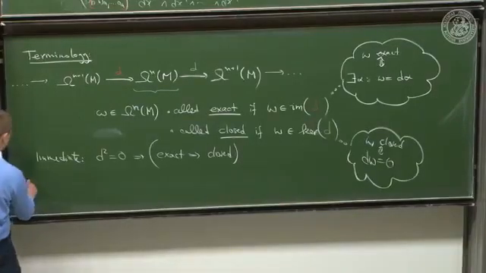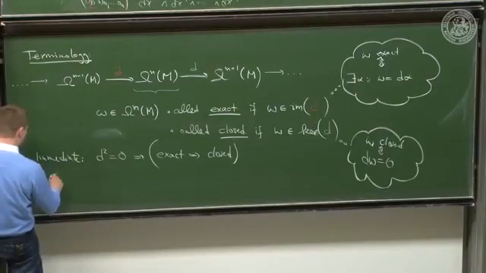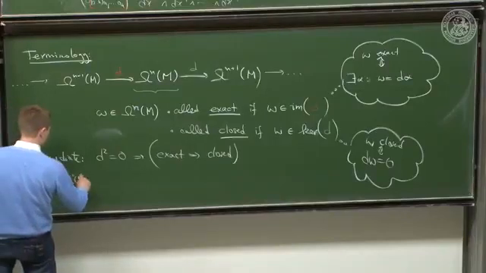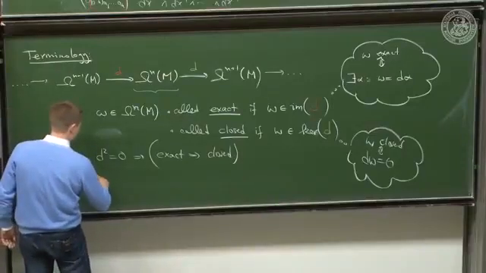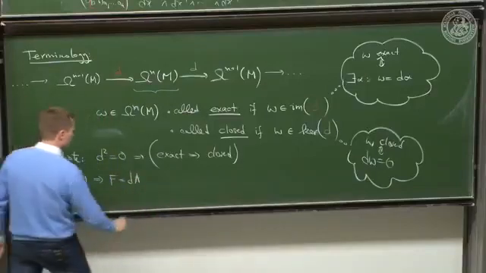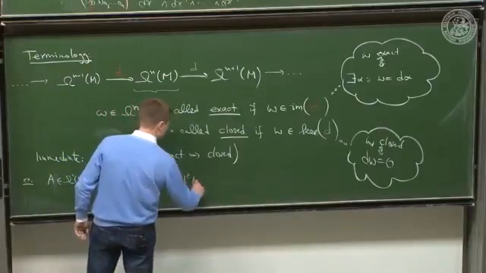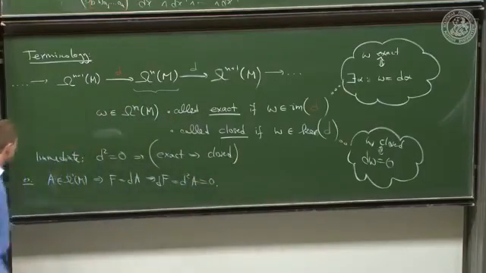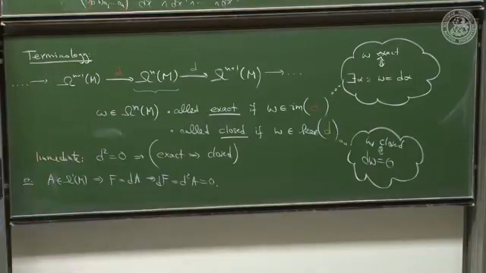So, an example: if you have a one form A, an electromagnetic potential, and from it you define the field strength as its exterior derivative, then of course it follows that d of the field strength, being d squared of A, is 0. So if you have such a gauge potential, you satisfy the homogeneous Maxwell equations, and that's of course the reason why we choose that in electrodynamics, if we can.